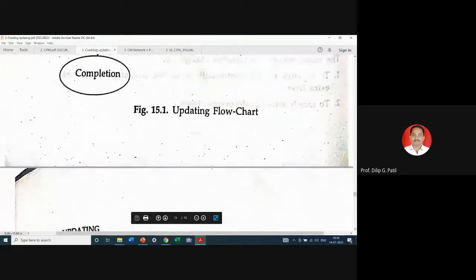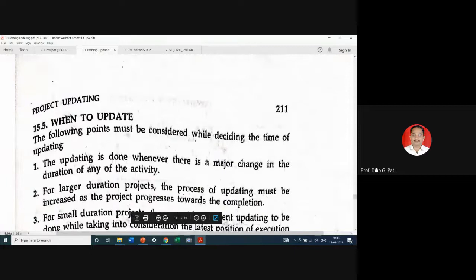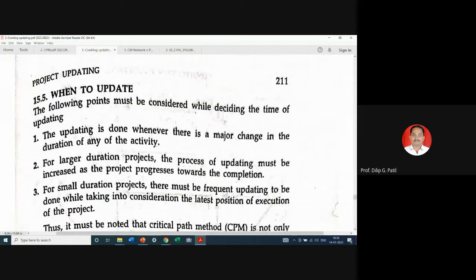So, the updating flow chart. When to update? This is also one of the important aspects: when we should update the project network. As we discussed, it will depend on how much time is there for completing the project, or depending on the project duration.